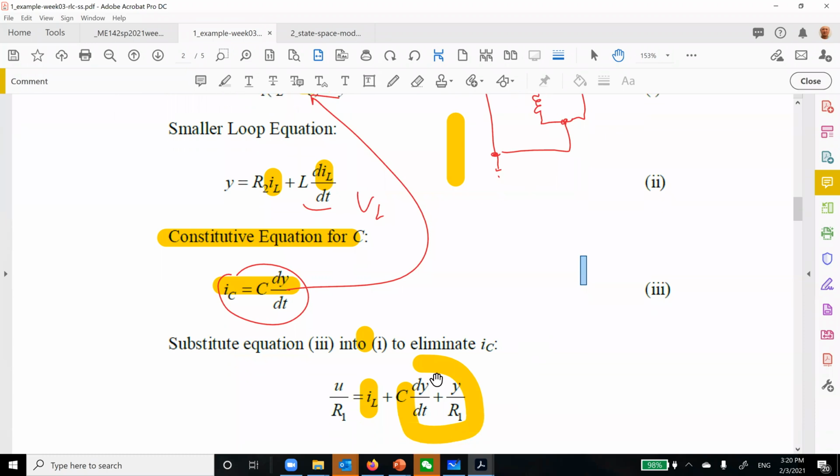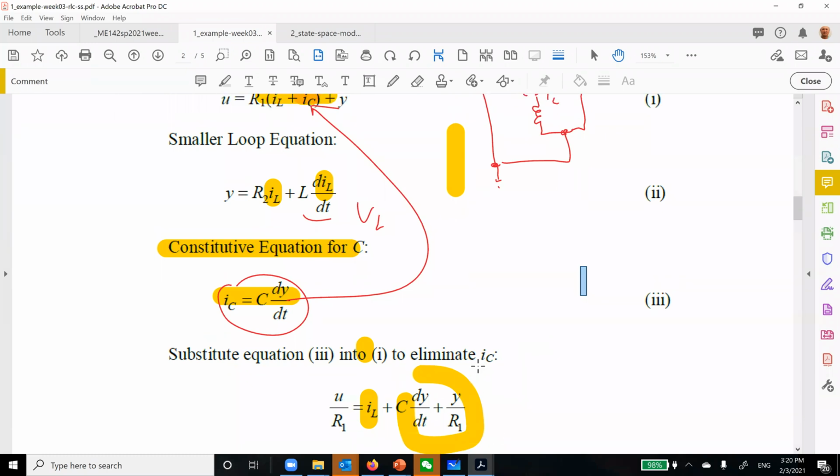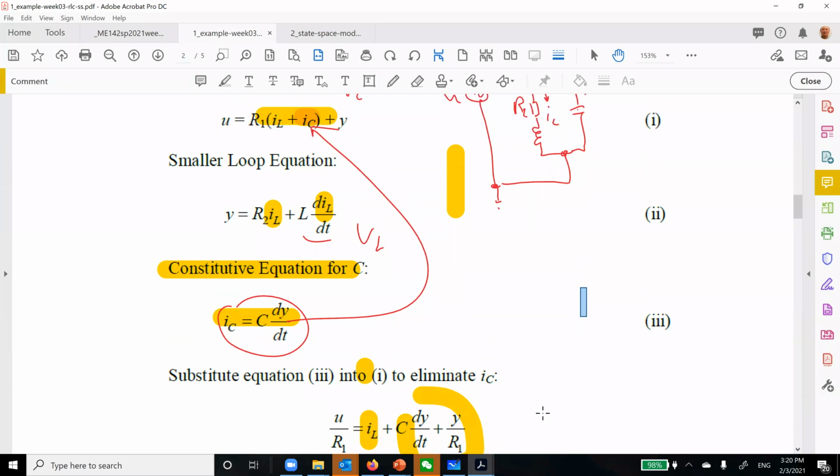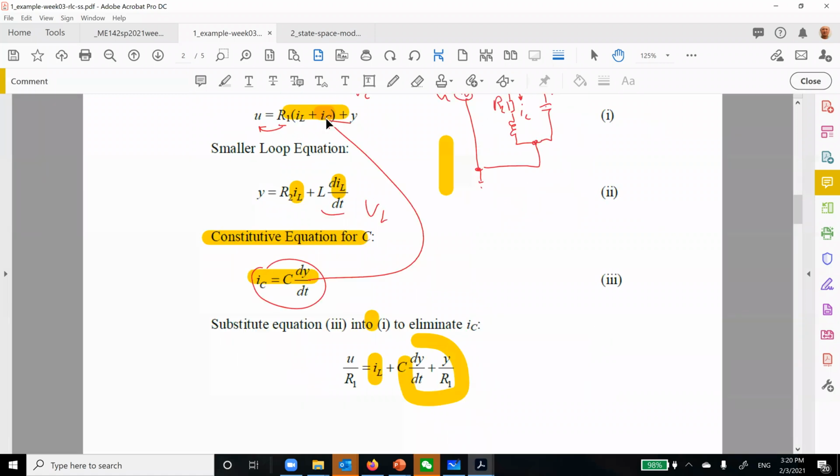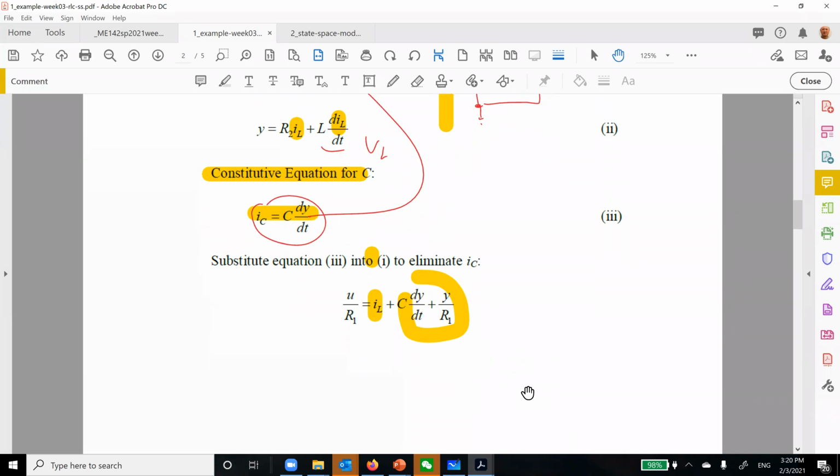Divided by R1 on both sides, so you have Y divided by R1, U divided by R1. You have IL left, IC is C dy/dt, because of this constitutive relationship.